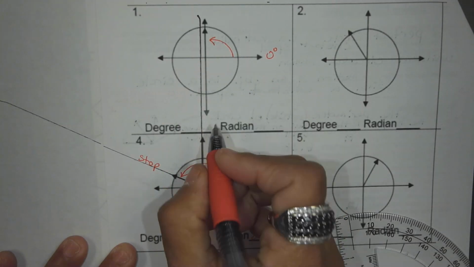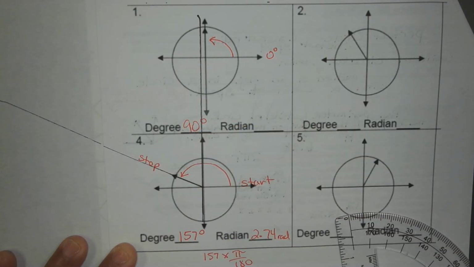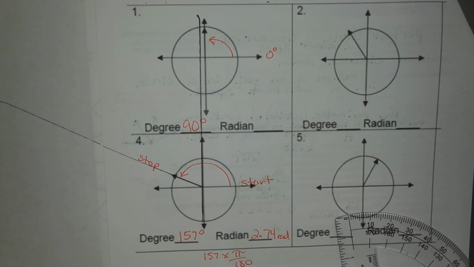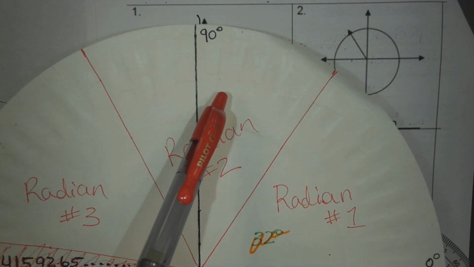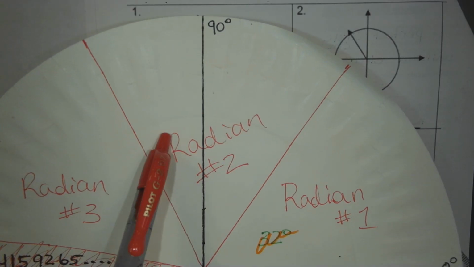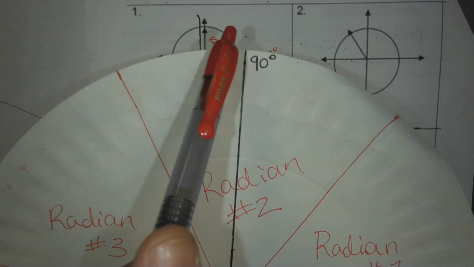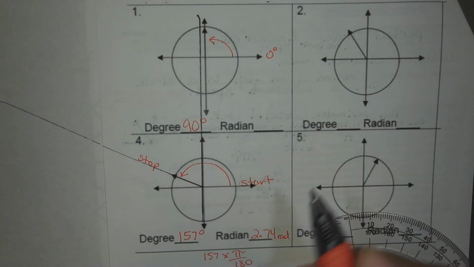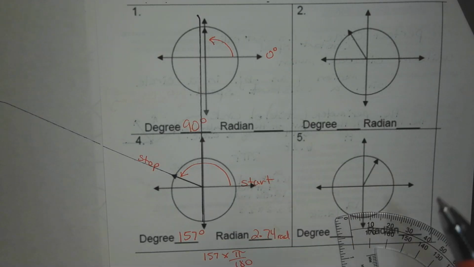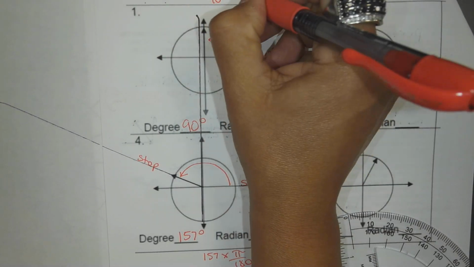You can see I stopped at the 90 degrees. Using my paper plate, I can see that 90 degrees is 1 point something rad, because I did not complete 2 rads. It's somewhere right here. 1 point something.